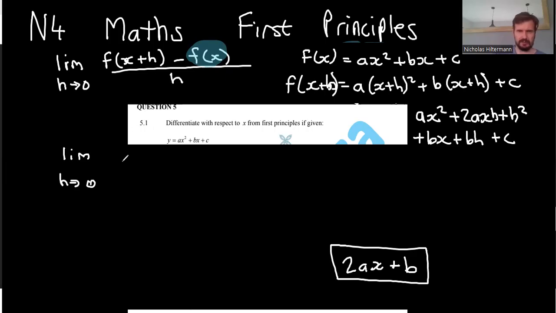So ax squared plus 2ax h plus, so I haven't done this one, this is going to be a times the h squared.